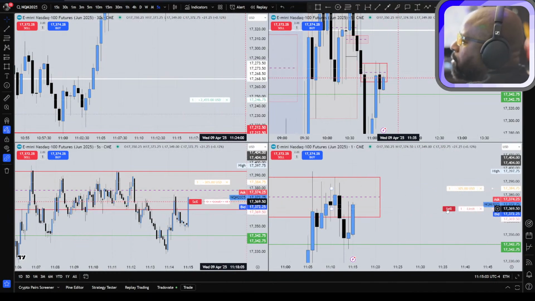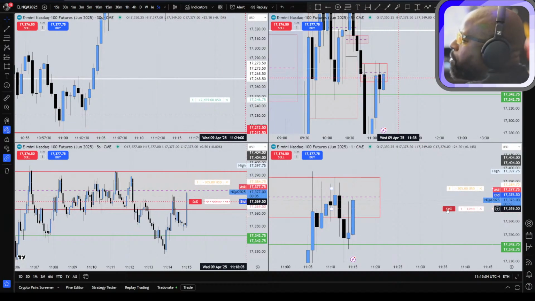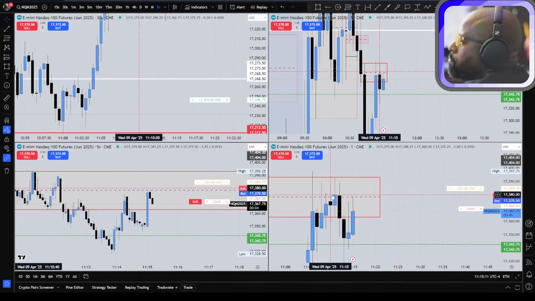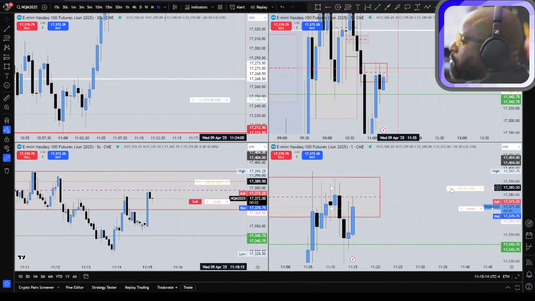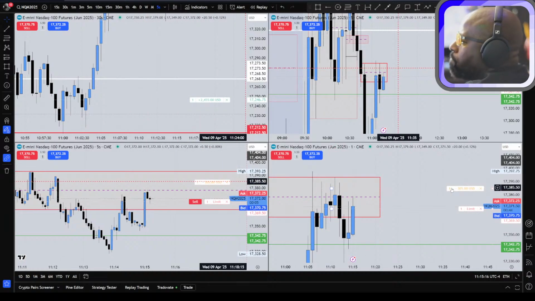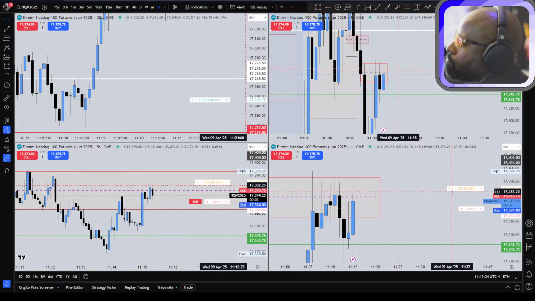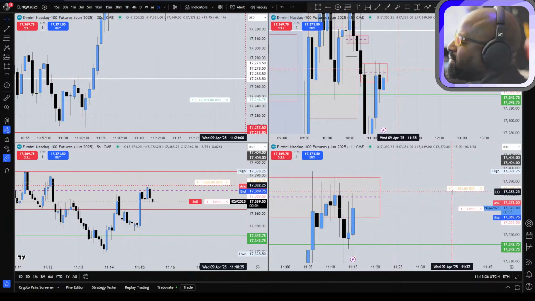Boom, right there. That's what my entry price was. Let's see if we push this gap all the way through. That was the low of that candle. My stop loss was there.